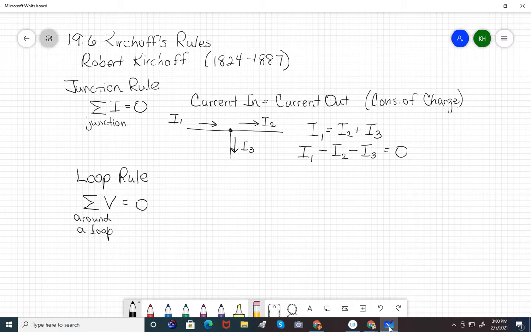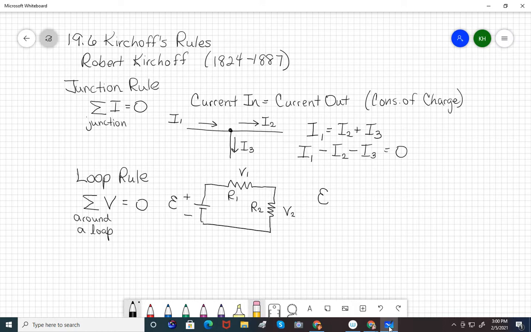If we pick a fairly simple one, you can think of it like if we have an EMF device and we put some things in our circuit, we'll just put some resistors. If we would add up this EMF voltage and this voltage drop across the first resistor, I'll call that V1, and the voltage drop across the second resistor, call that V2, that has to add up to be 0.